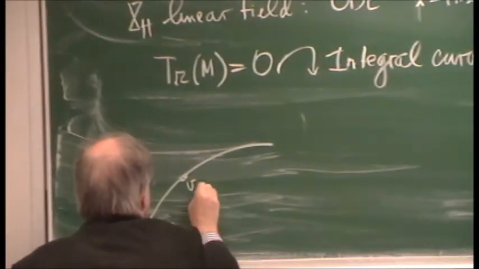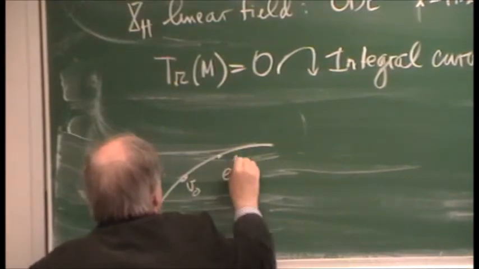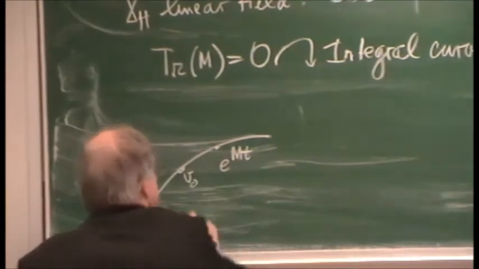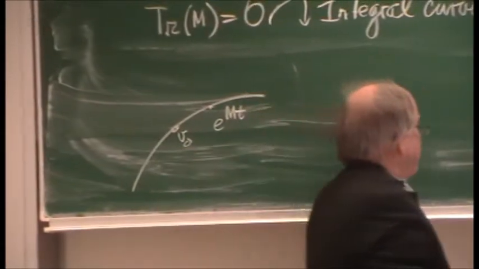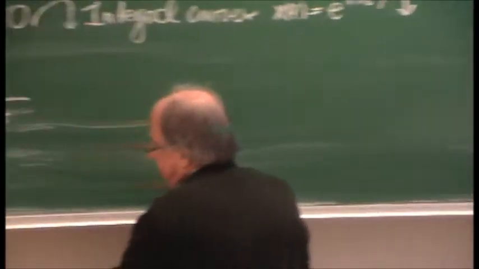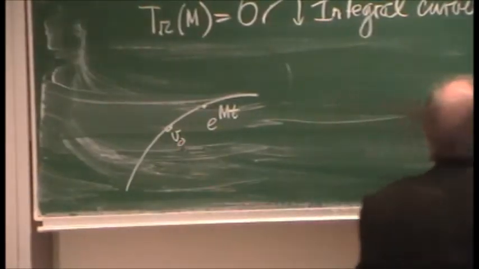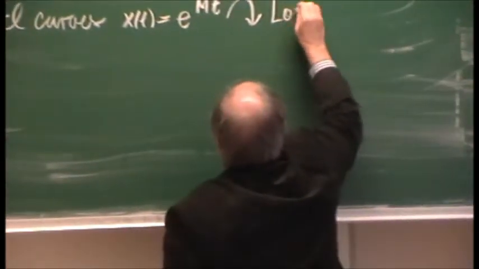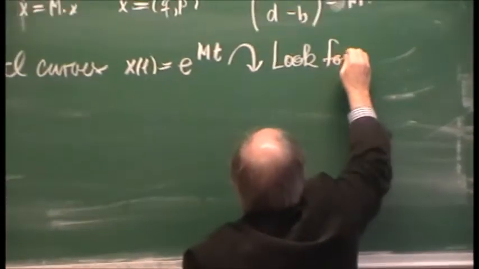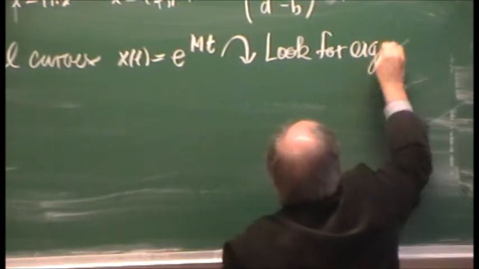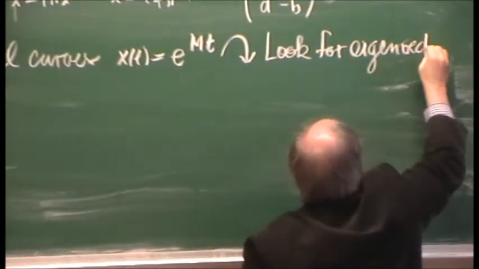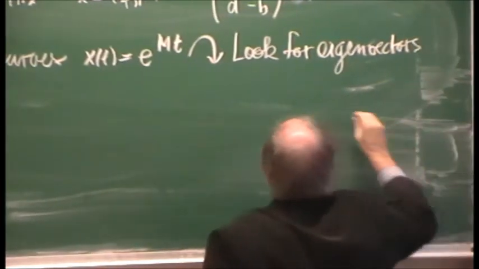You have some base point v, and you're looking for this orbit. You want to understand this orbit. So you say, let's look for, if this is an eigenvector, you're in big business. So you want to look for eigenvectors of M.